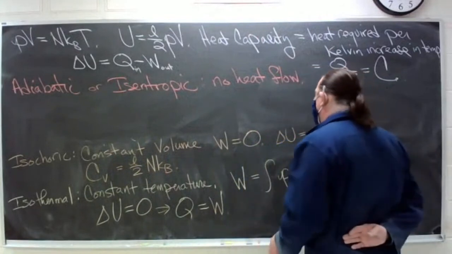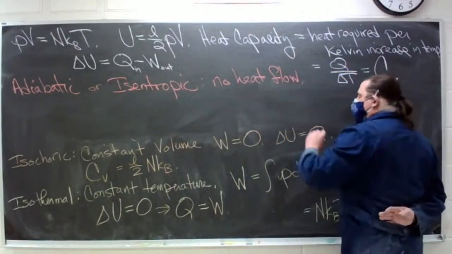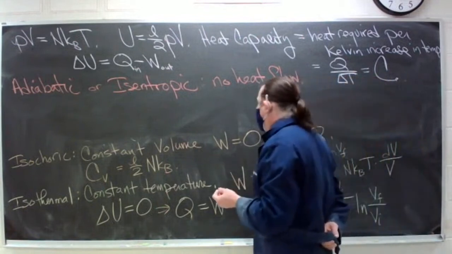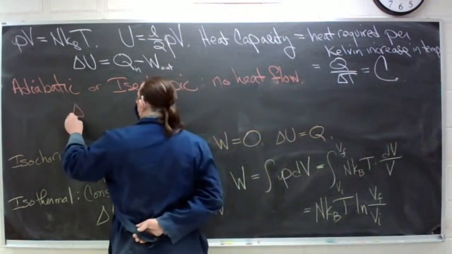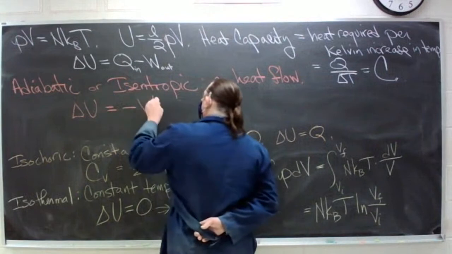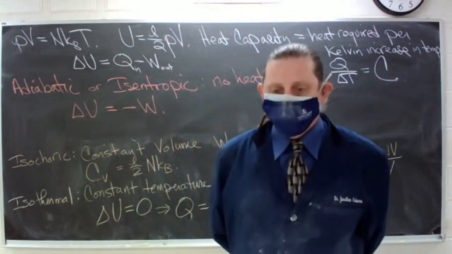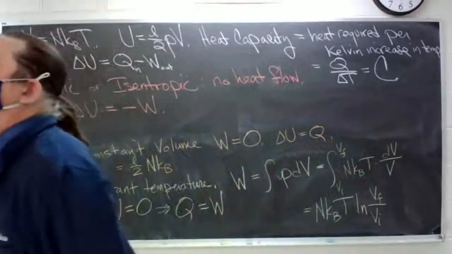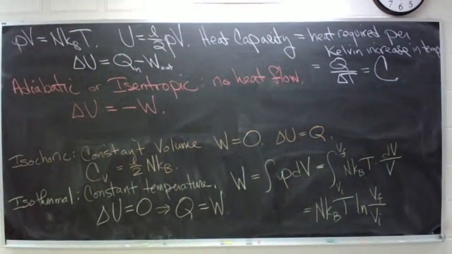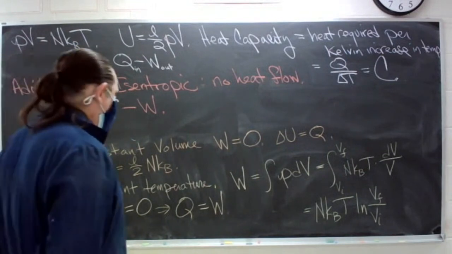That said, since the heat is zero, we can look at the change in internal energy. And what we see is that the change in internal energy is just equal to minus the work.